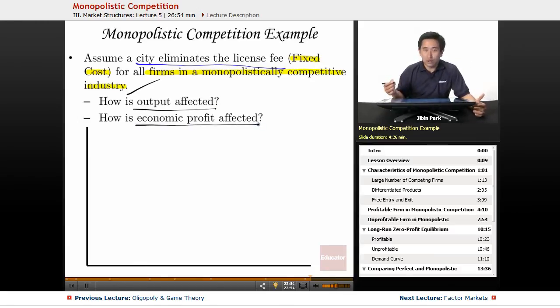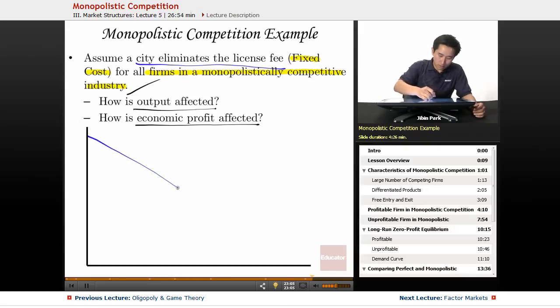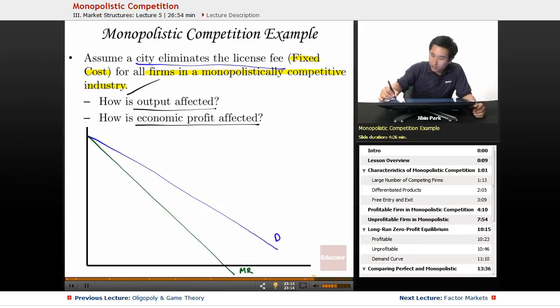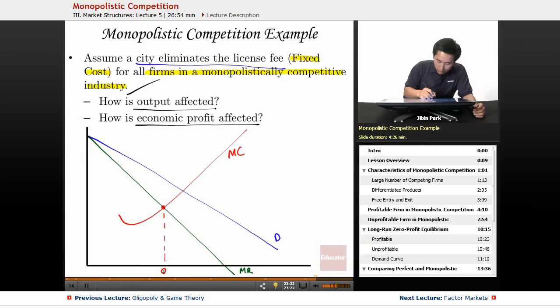So again, let's go ahead and draw this monopolistically competitive firm in long run equilibrium. It's going to look very similar to a monopoly making no economic profit. So once again, you draw the demand curve here, and you draw the marginal revenue below the demand curve, and the marginal cost curve, and the profit maximizing point here is where marginal cost equals marginal revenue.